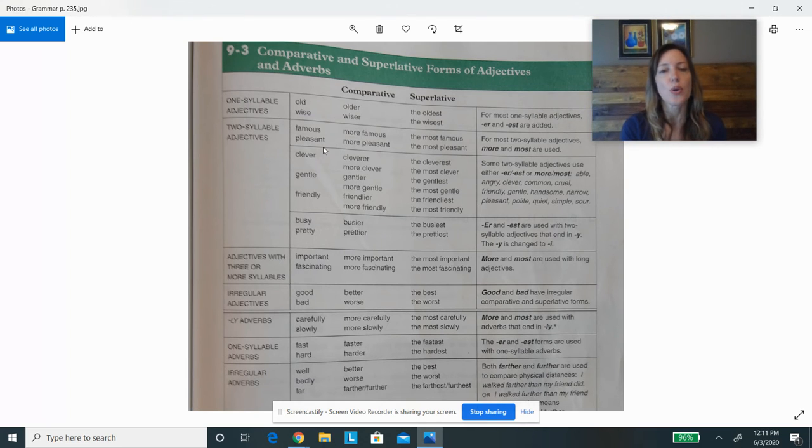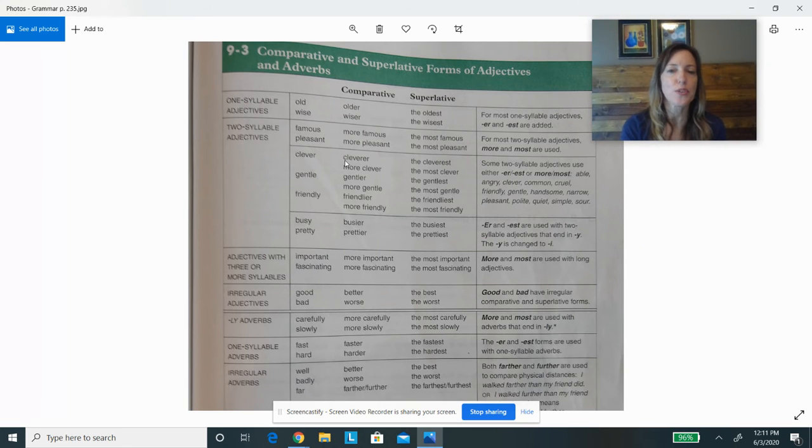Okay, so here are examples. There are some adjectives where you can choose to add ER or the word more. You choose. Now here they have the word clever, so they're showing you can put an ER or you can say more clever. Now I would never say cleverer, because it sounds horrible. Personally, I would not do that.